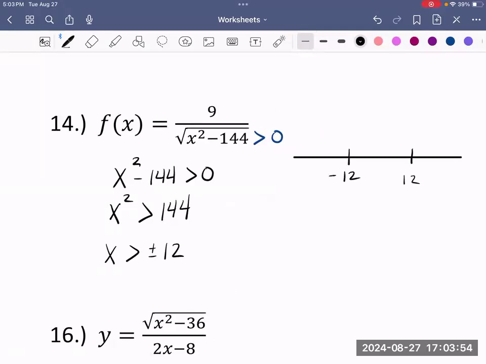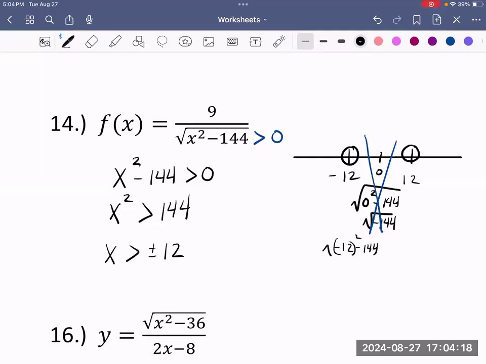And again, we're going to start to test these values. So we're going to have open circles here. Let's test an easy number on the inside. So if you have 0 squared minus 144 underneath that square root, you're left with that negative square root of 144, which is not okay. If we put in, let's say, a negative 12 underneath the square root, 144, this will produce 144 minus 144, or the square root of 0 is 0.